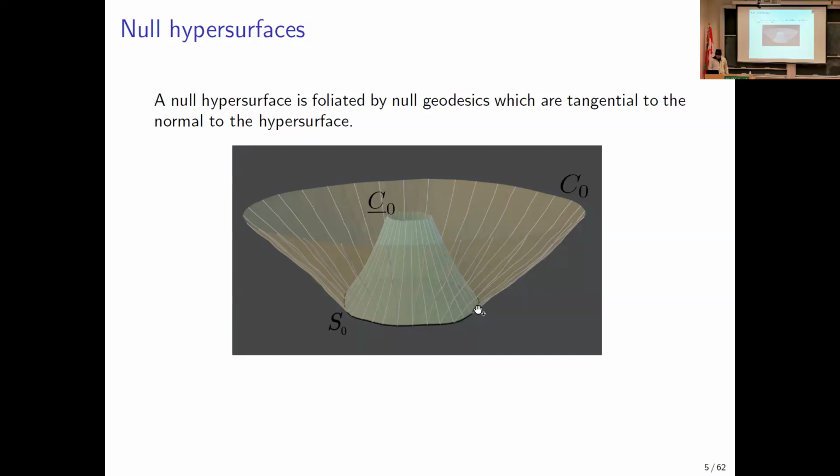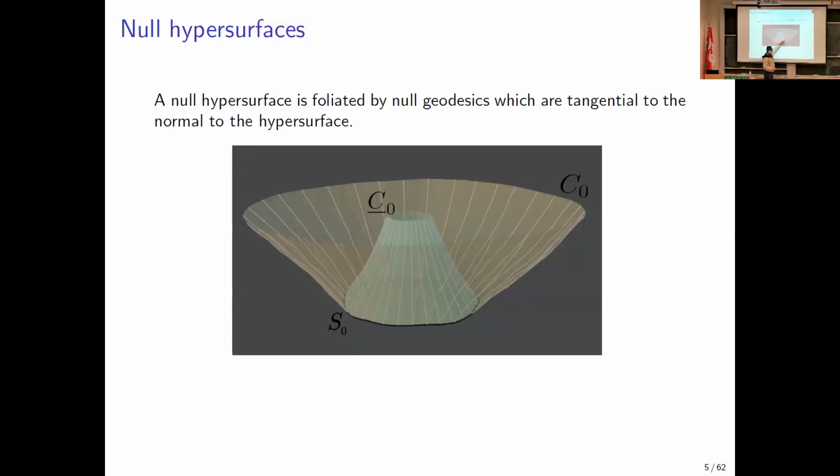Okay, so if you consider the vector tangential here to the null vector, this null vector is orthogonal to any vector tangential to sigma 0. So the family of these geodesics is what we call null, because they're null, and normal, because I just said the white is orthogonal to the black.